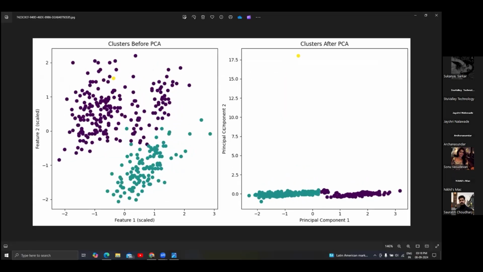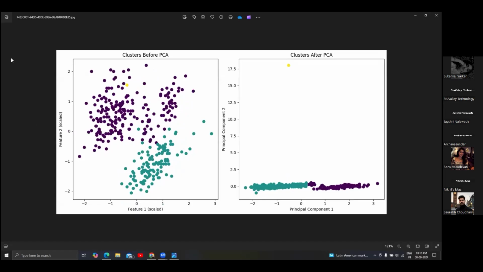See, the height was taking too much, and now it is reduced to this much only. So it is easier for machine learning to train the model.